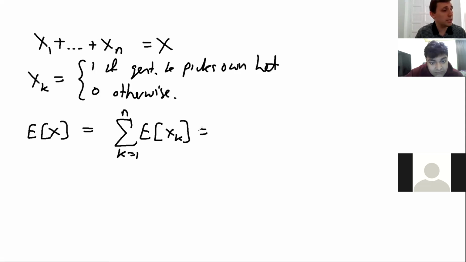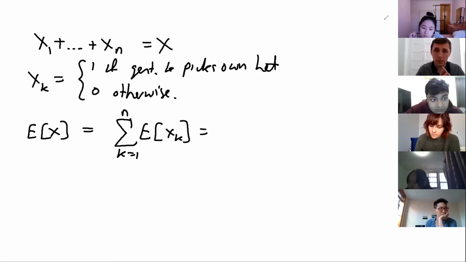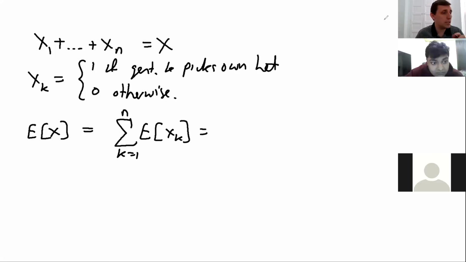Obviously, there is symmetry going on here, right? The expected values of x1 and x2 and x3, all of them have the same expected value. So I might as well say that this is n multiplied by the expected value of x1. Everybody agrees?